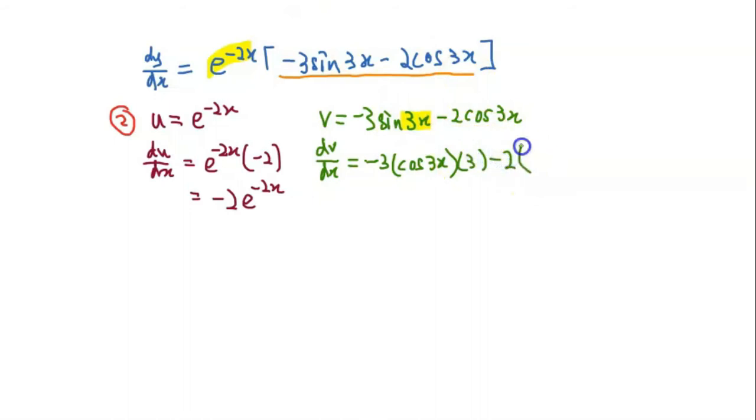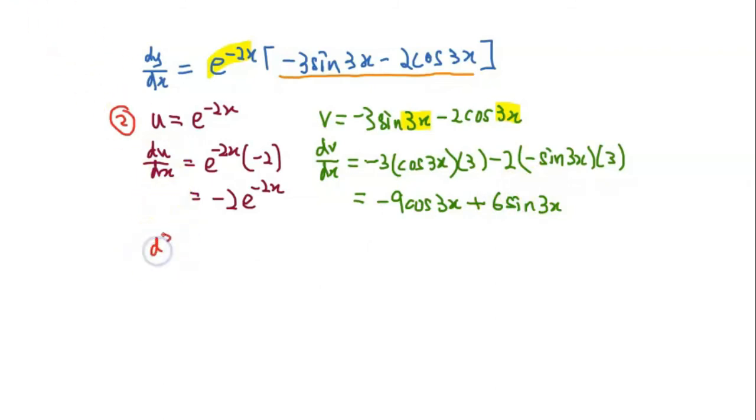Minus 2, differentiate cos 3x equals negative sin 3x, then differentiate its function 3x equals 3. Simplify the answer to negative 9 cos 3x plus 6 sin 3x.